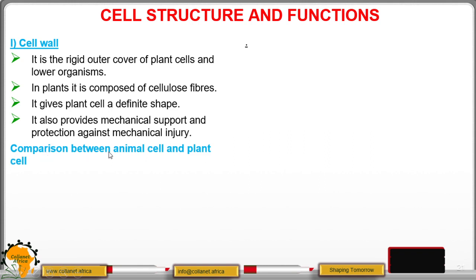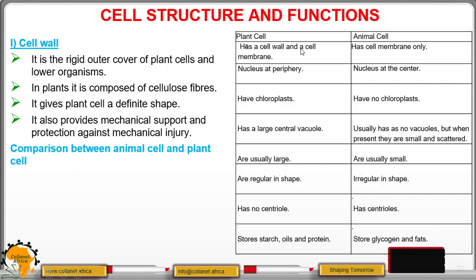So we want to compare between plant cell and animal cell after having discussed almost all the organelles. So a plant cell has a cell wall and a cell membrane, but an animal cell is lacking a cell wall, so it has a cell membrane only. So in plant cell, the nucleus is at the periphery, but an animal cell has nucleus at the center.